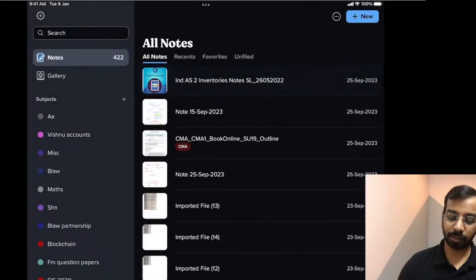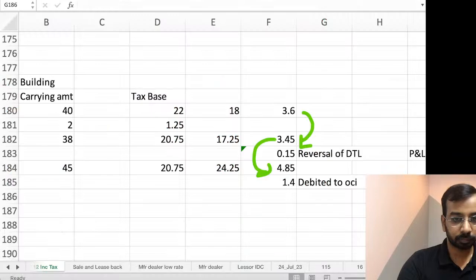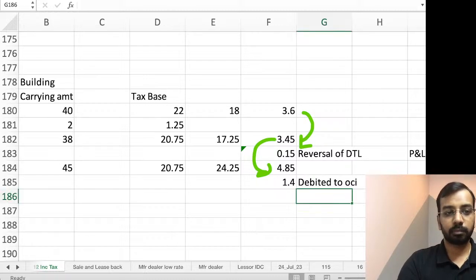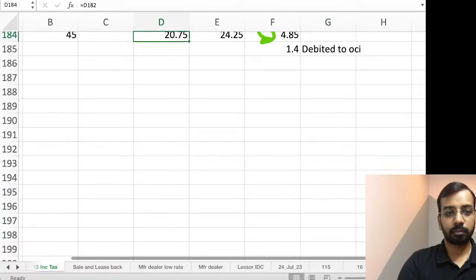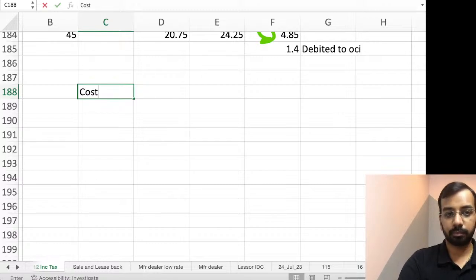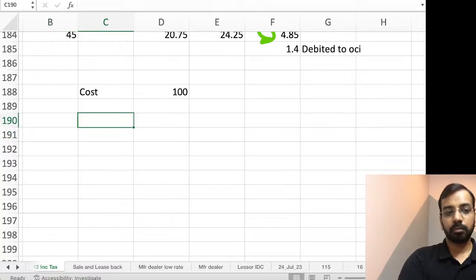For example, what I am trying to tell you here is, let us say cost of raw material is 100.